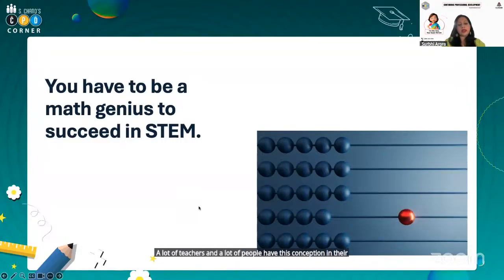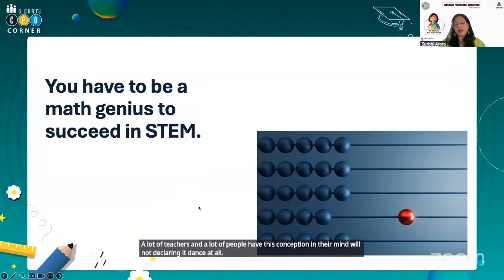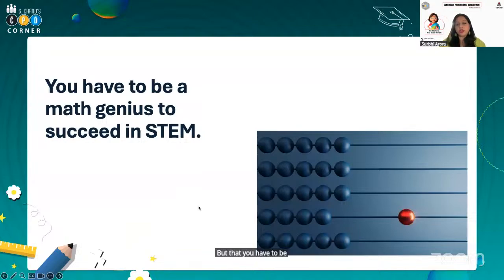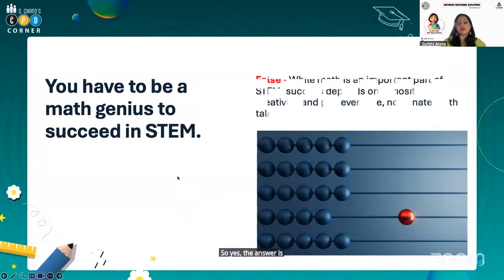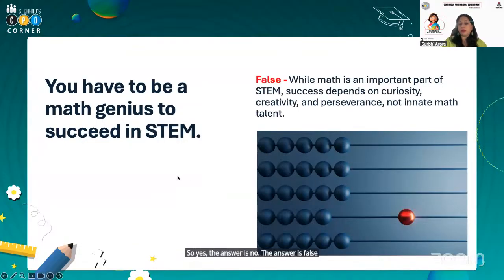I will not declare the answer yet, but people think you have to be very good in technology, in coding. For instance, people think technology is just about coding, and many people think STEM education is a lot about advanced-level math. So yes, the answer is no. The answer is false. While math is an important part, it's not about math education.